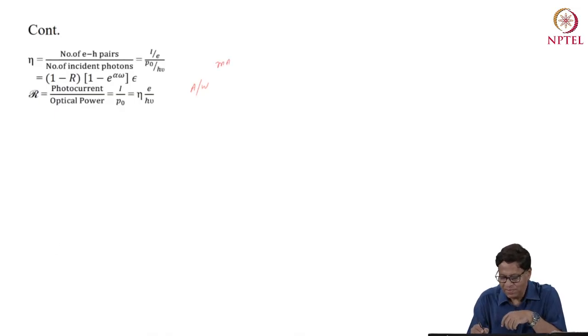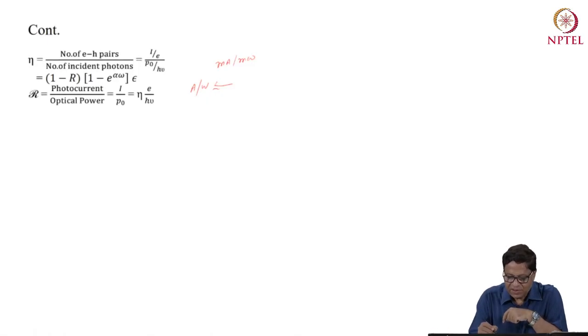Generally you have milliamperes of current and the power is in milliwatts. But this R, the responsivity, is generally represented as amperes per watt. So photocurrent divided by optical power. Photocurrent generated was I naught, optical power P naught, and just manipulating the earlier equations, we get responsivity as efficiency into e by h nu.